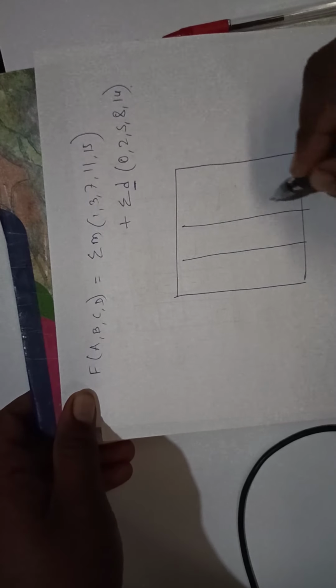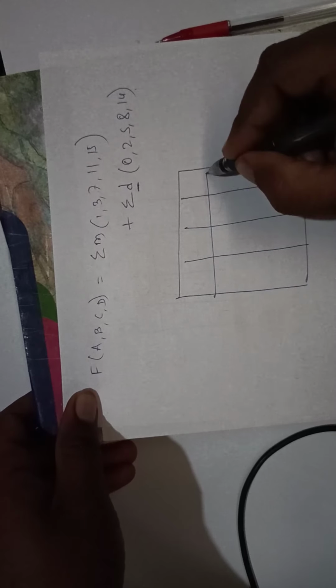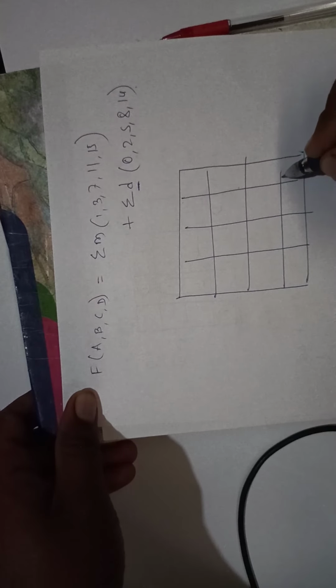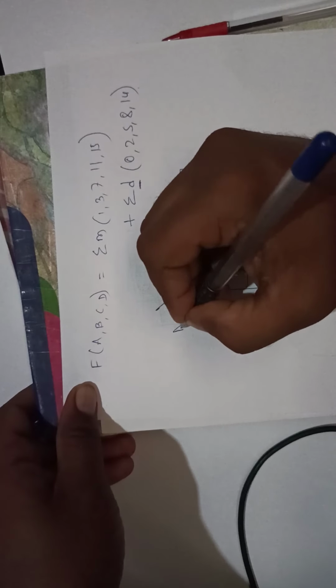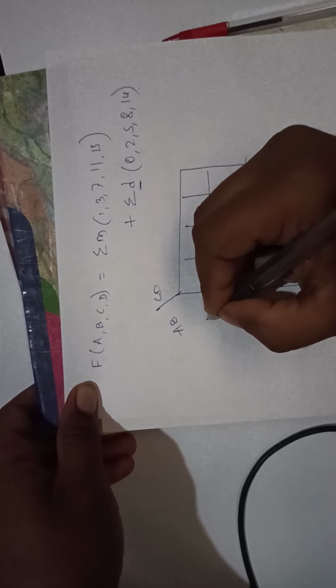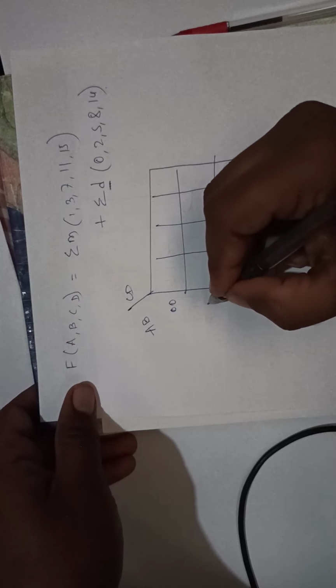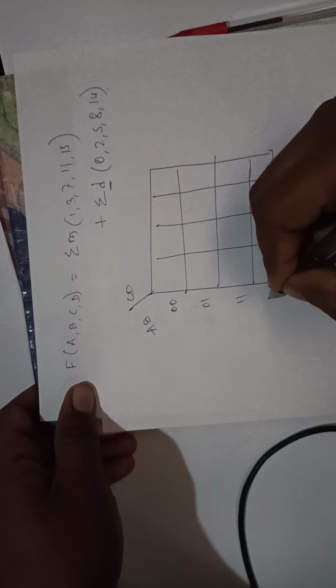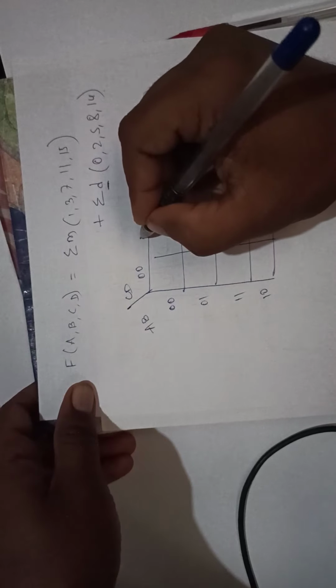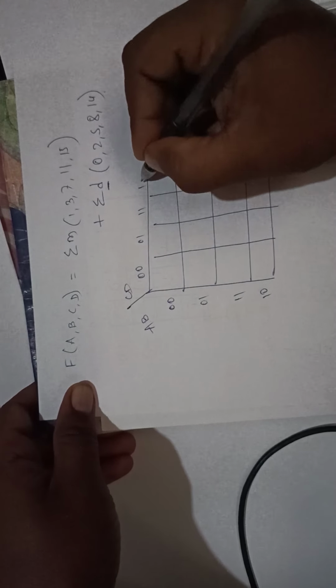Okay, firstly I will draw the K-map, and then I will clear the concept of don't care conditions. Here there are 4 variables, means we require a 16-cell K-map. 00, 01, 11, 10 and 00, 01, 11, 10.